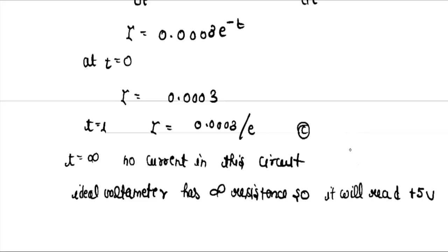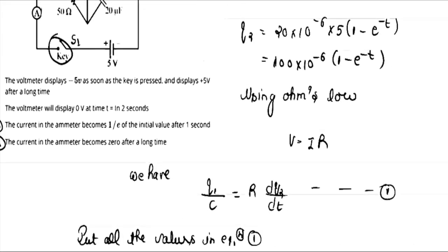For options A and D, you can simply use an analogy to find whether they are correct or not. But for the other two options, you will have to write an equation and solve them. You can do basics too, but it's better to use the formula for less complexity. So the answer of this question is A, B and C. D is correct because the current in the ammeter becomes 0 after a long time.